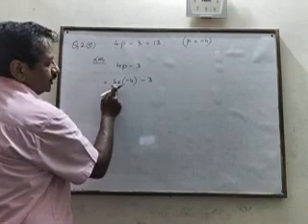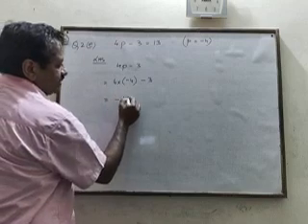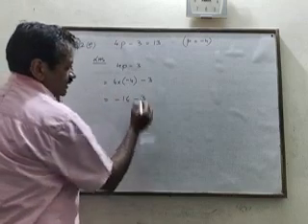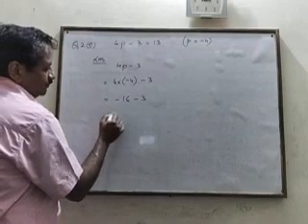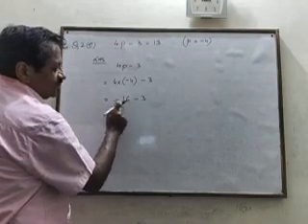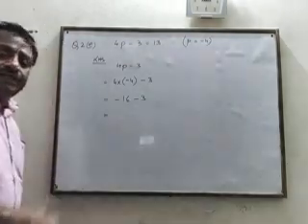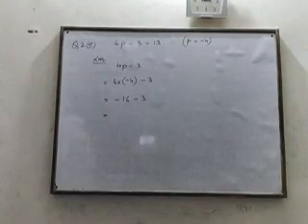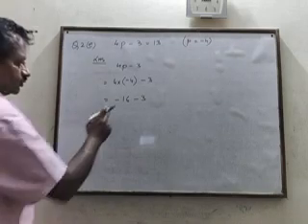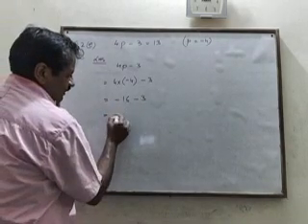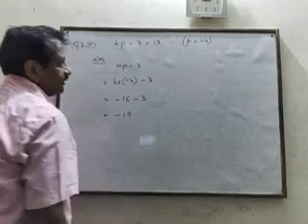So minus 4 into 4 will become minus 16 minus 3. And minus 16 minus 3 both are having the same sign, so they will be added, and the sign will remain the same in the result. So it will be minus 19.